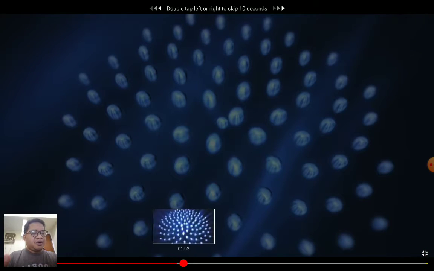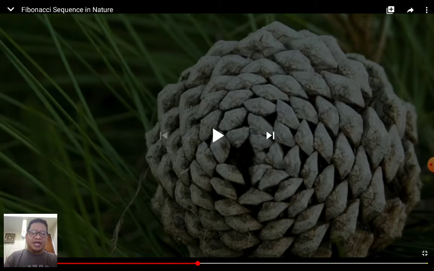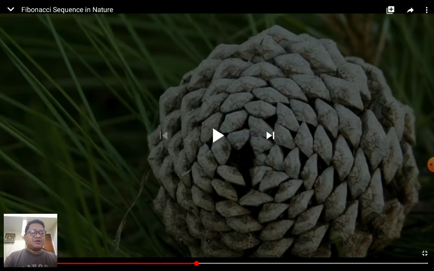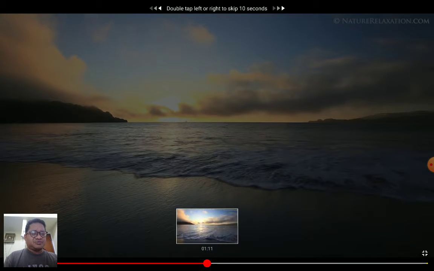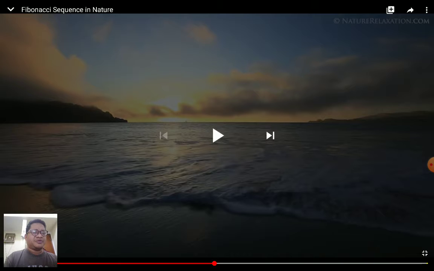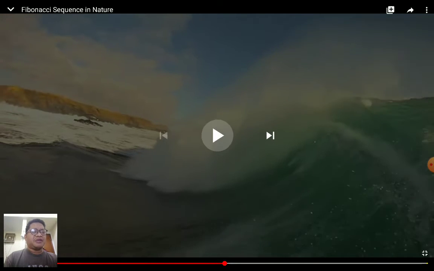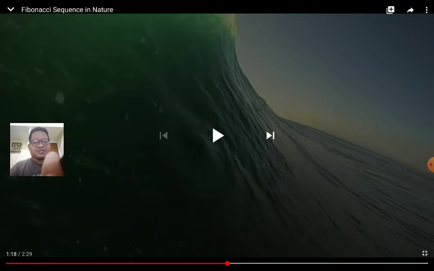When you count the pineapple, it follows the Fibonacci sequence. When you count this one, you will get a Fibonacci pattern. Even how the waves arch follows a Fibonacci sequence, all right? It can be mathematically diagrammed. Everything follows the Fibonacci sequence.